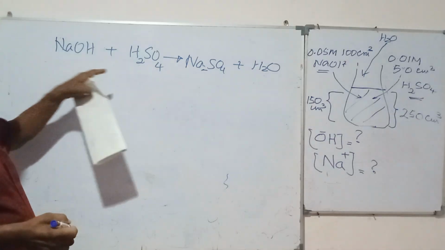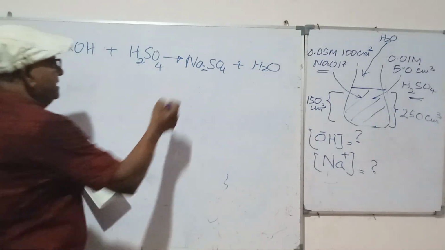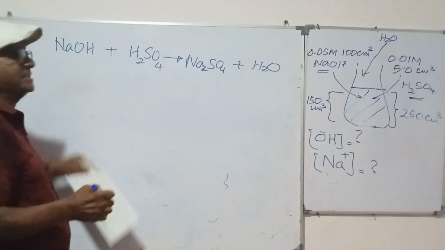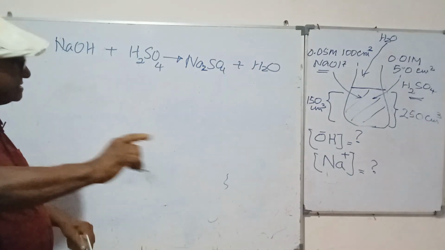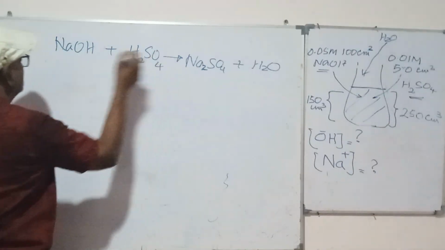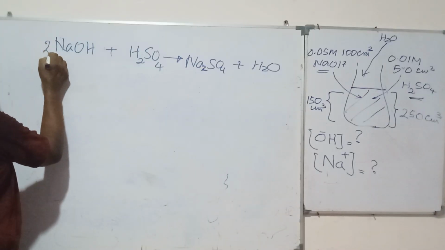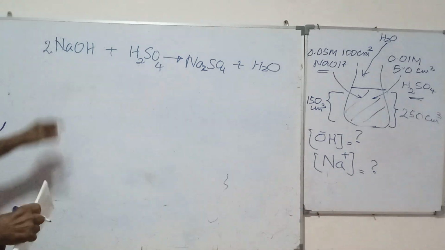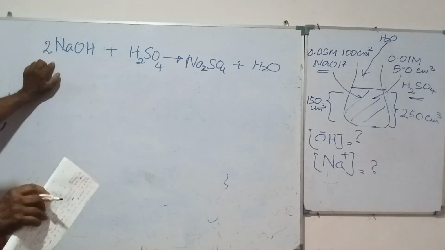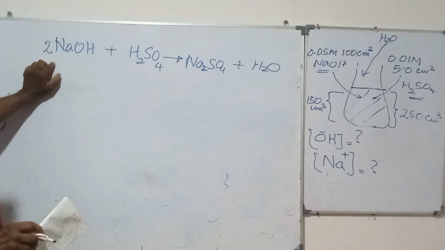Sodium hydroxide, sulfuric, Na2SO4 is the formula of sodium sulfate, and water. So it is clear that to balance it, 2NaOH should be present here. Then the reaction occurs in the solution.